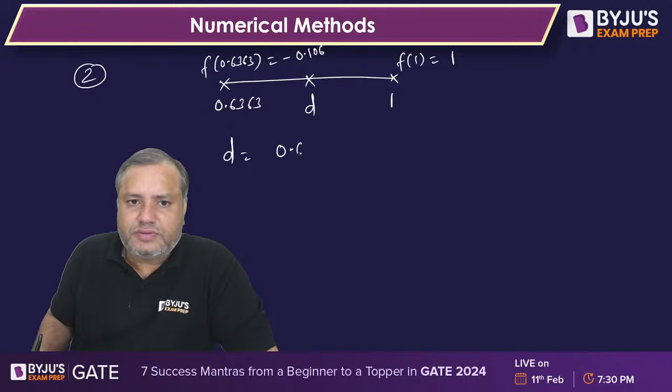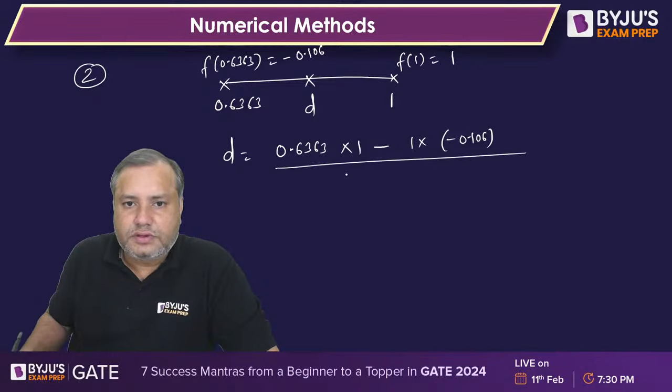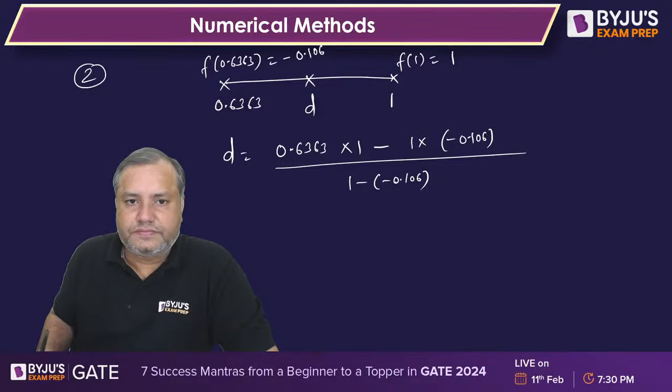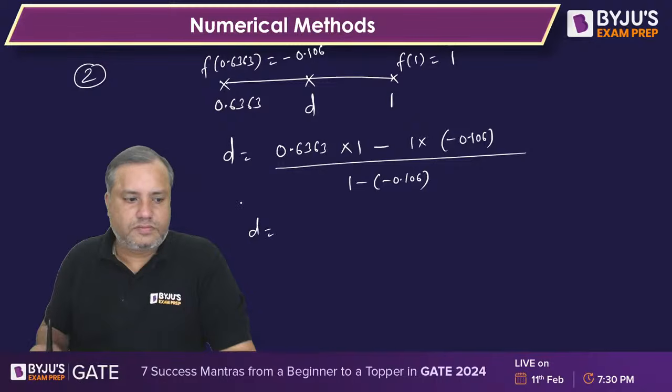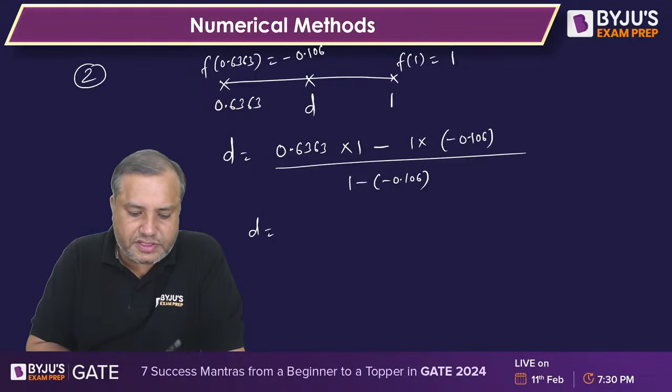By regula falsi method, 0.6363 into 1 minus 1 into this value minus 0.106, upon 1 minus of minus 0.106, which is 0.6363 plus 0.106.